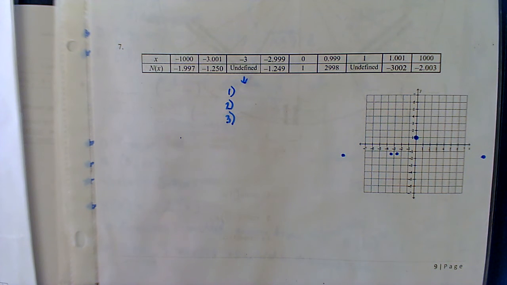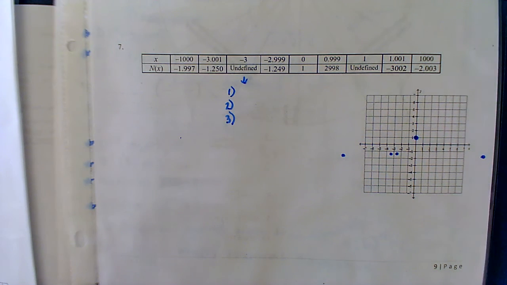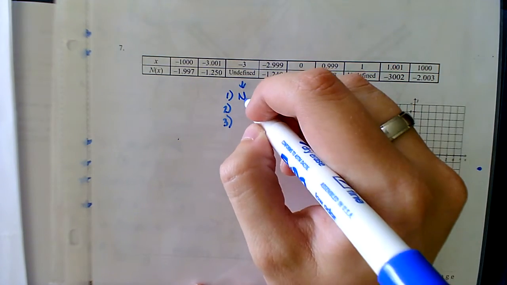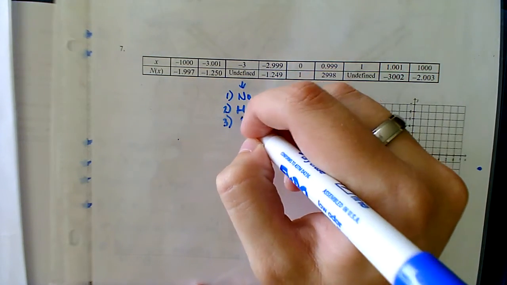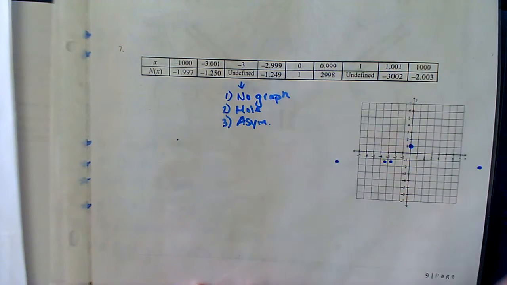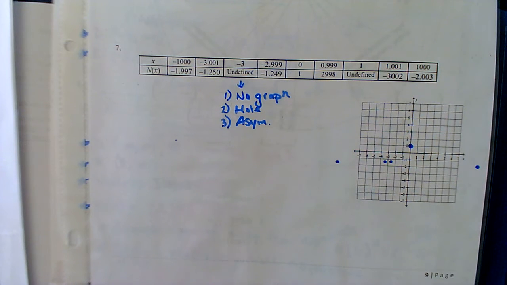3 things, or possibilities rather. Go, Jody. No graph. Could be a hole, or it could be an asymptote. Okay. Let's maybe see if we can narrow it down, okay?